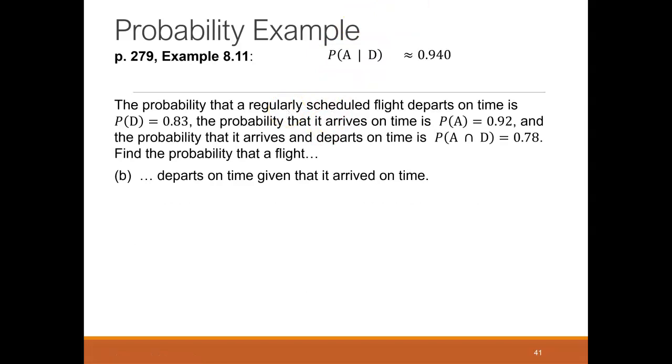The flight departs on time given that it arrived on time. So this would be the probability of D given A. So again, conditional probability formula, P of A and D, we have, divided by P of A, which we have.